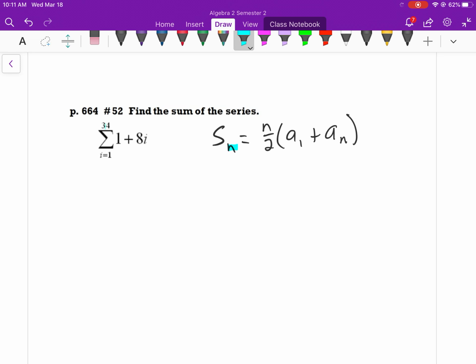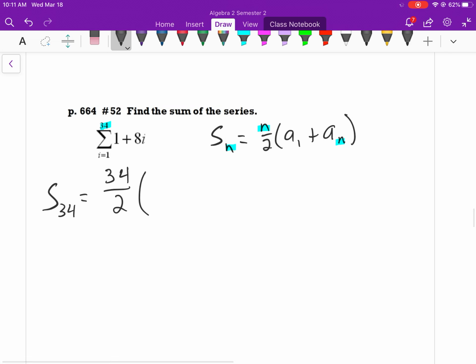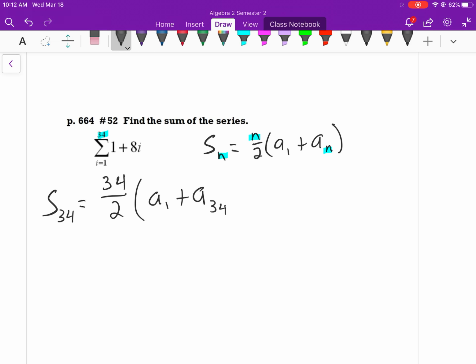So, in this case, it's saying find the sum through the first 34 terms. 34 is going to be our n. So I'm finding S sub 34. That is equal to 34 divided by 2 times the first term plus a sub 34.